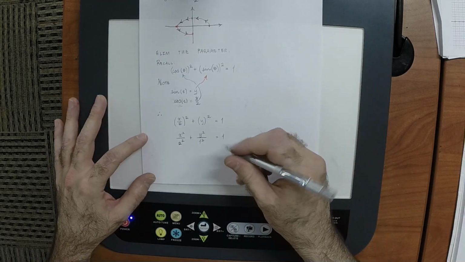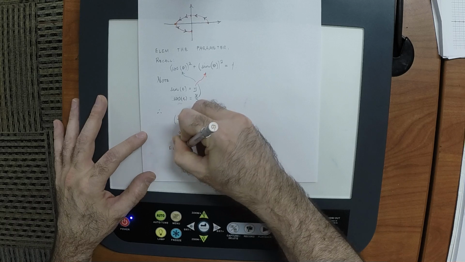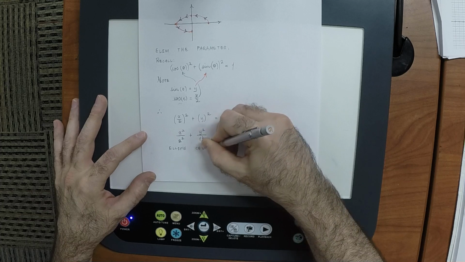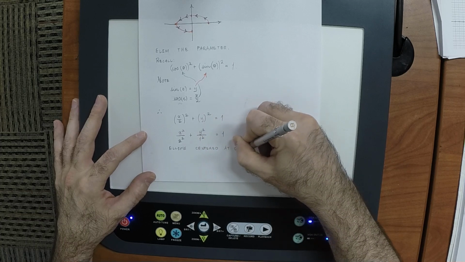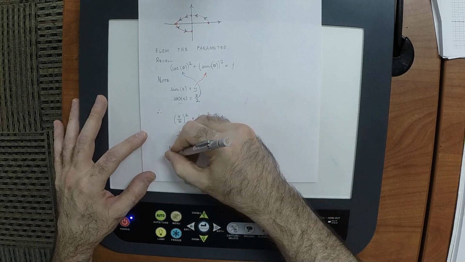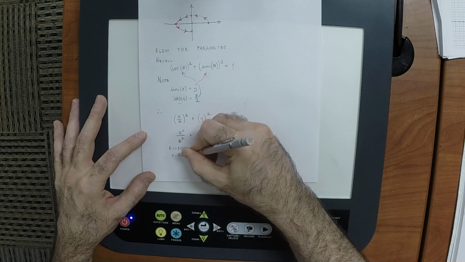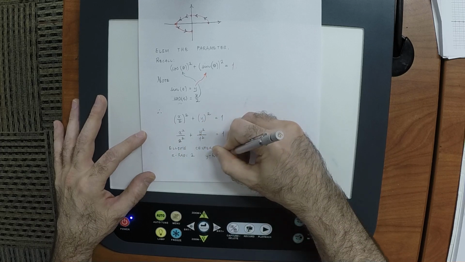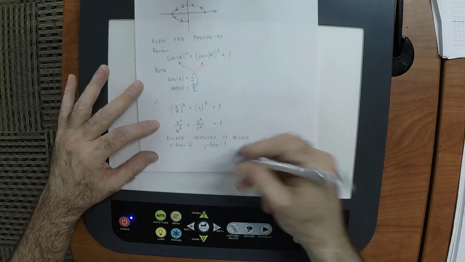Now, so this is an ellipse centered at the origin, with x radius 2, y radius 1.